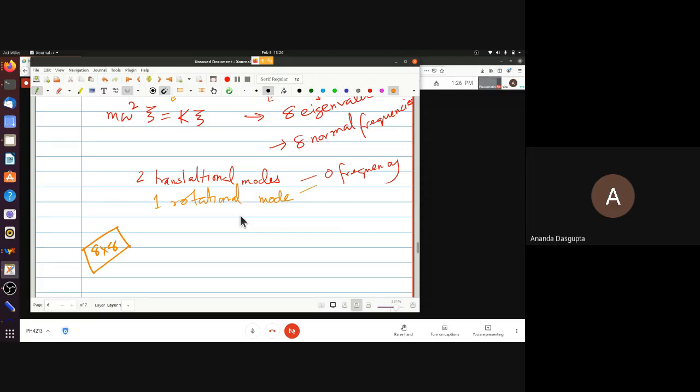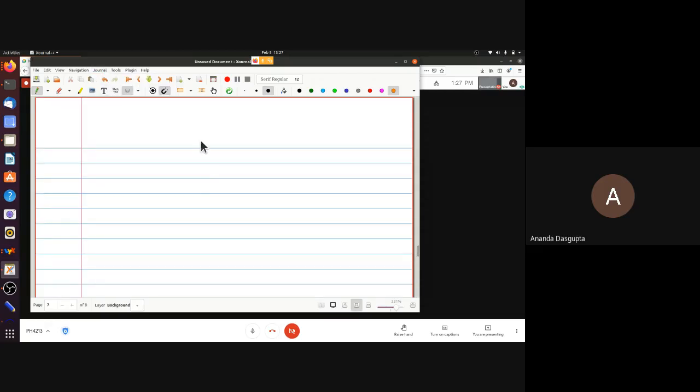Now, let me just tell you one more thing today, because I can't finish the whole thing today anyway, and I'm not even telling you much. I'm just telling you what can be done, not what is exactly done. But let me tell you one important thing. Given this molecule which is moving around, how would you describe its displaced configuration?